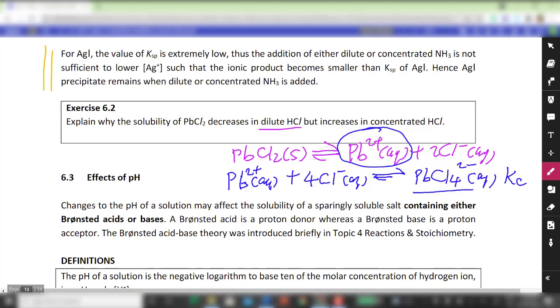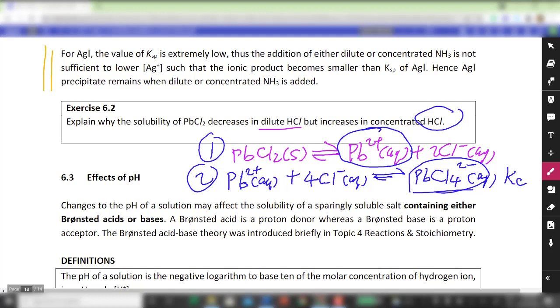The explanation is similar to what you had earlier on. So I repeat, the formation of this highly soluble complex by excess chloride in the presence of concentrated hydrochloric acid will cause the position of equilibrium of 1 to shift to the right, because it is analogous to removing lead(II) from equilibrium 1.